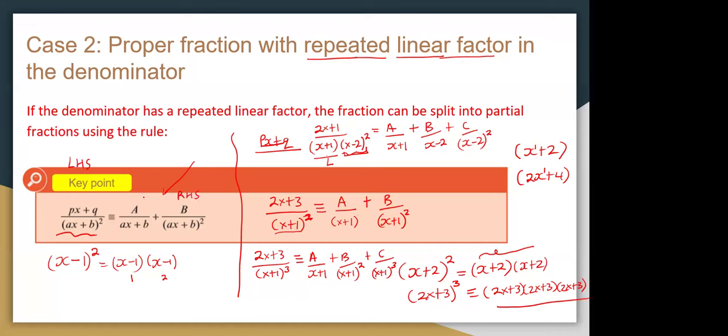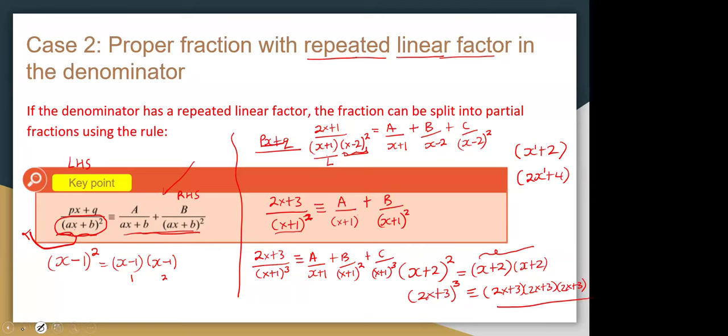You must make sure that the LCM on this side is the same as the LCM on this side. When you check very well, the LCM you have on this side is ax plus b all squared. The LCM on the other side is going to be the same. So that is one of the ways.